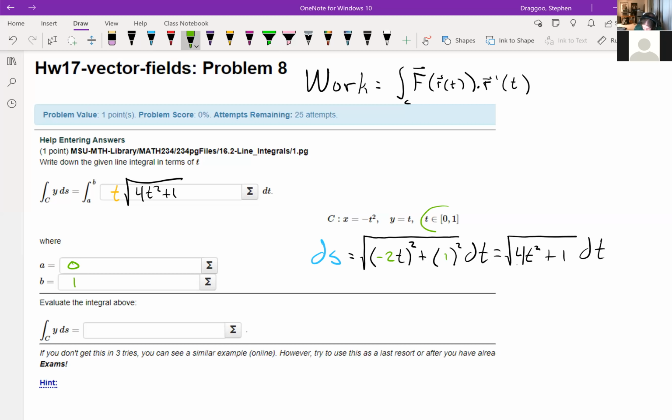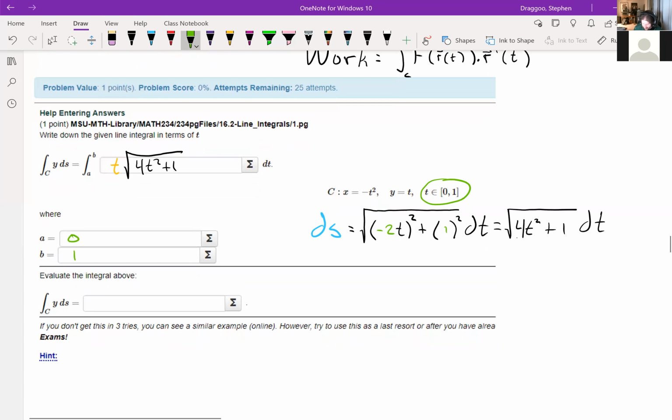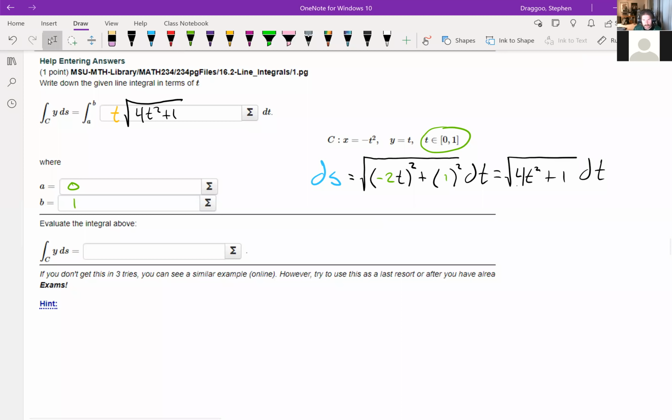We're getting that from right there. And then we just have to evaluate that integral. So we wanted to evaluate a line integral. The easiest way to do that is to just turn it into a standard Calc 1 integral, so that instead of going over some curved line through space, it can just go across some straight line that's hopefully either our x or our y axis, or I guess the t axis, because we're using a parameterization.